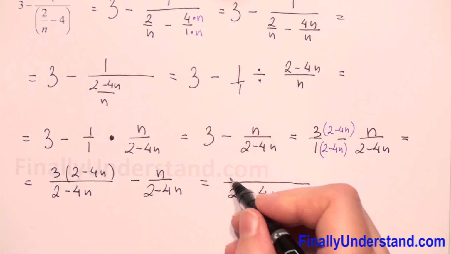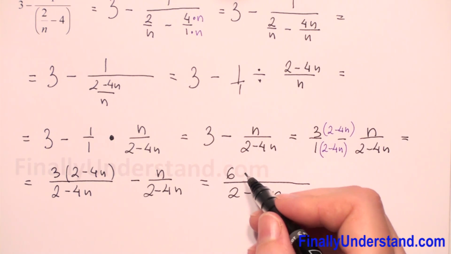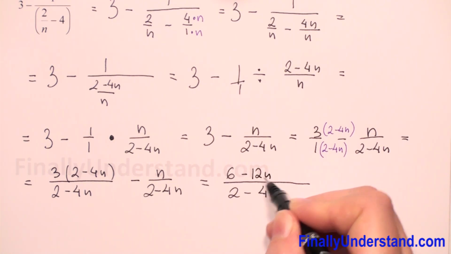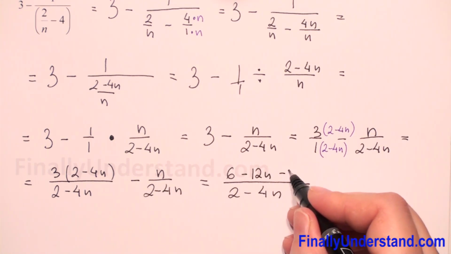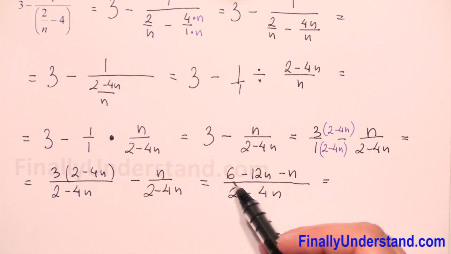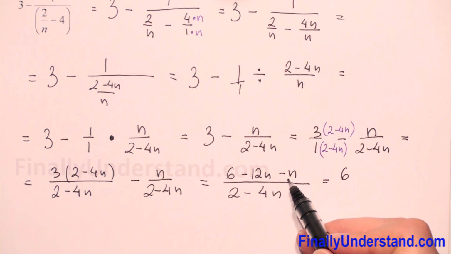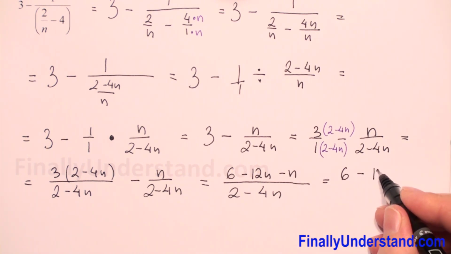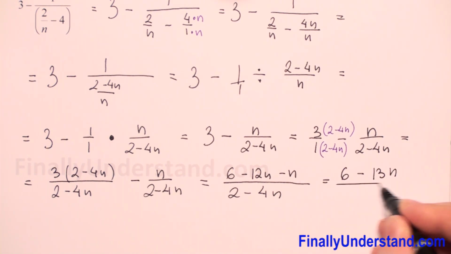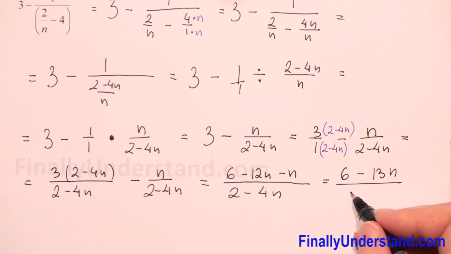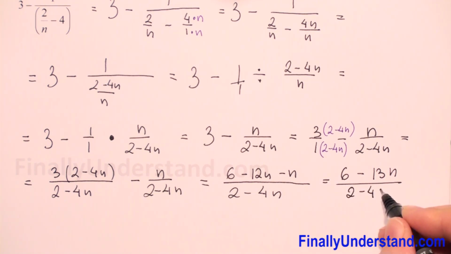So 3 times 2 is 6, 3 times negative 4n is negative 12n, and we have minus n. So this is equal to 6, negative 12n and negative 1n, so this is negative 13n, over 2 minus 4n.